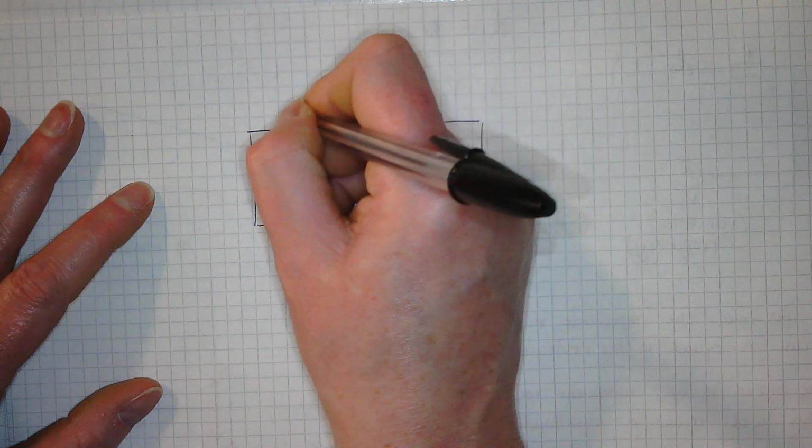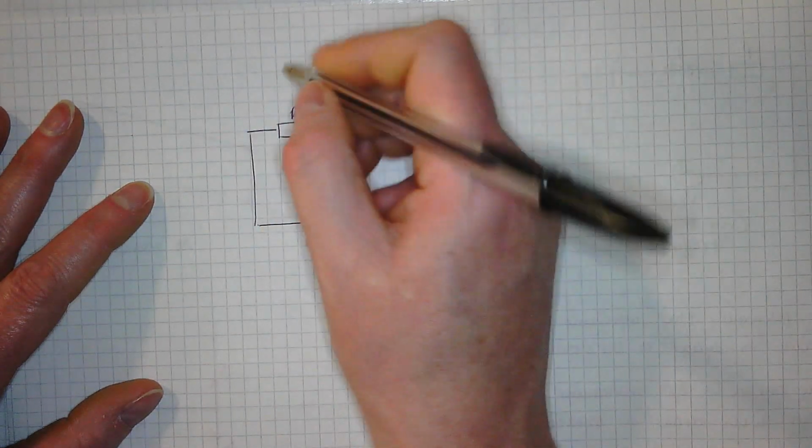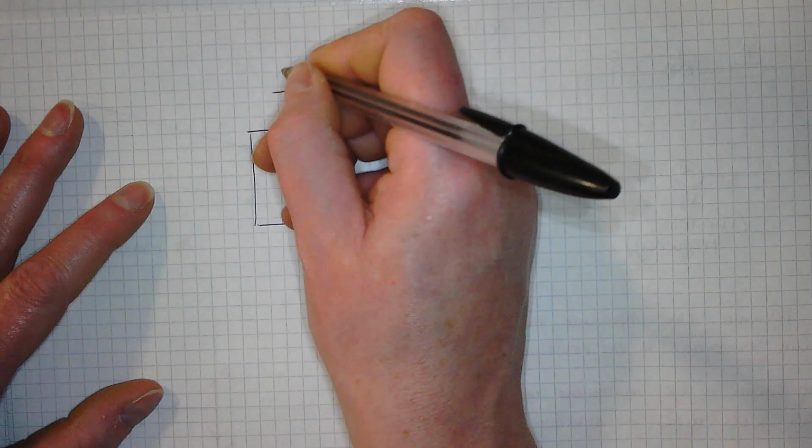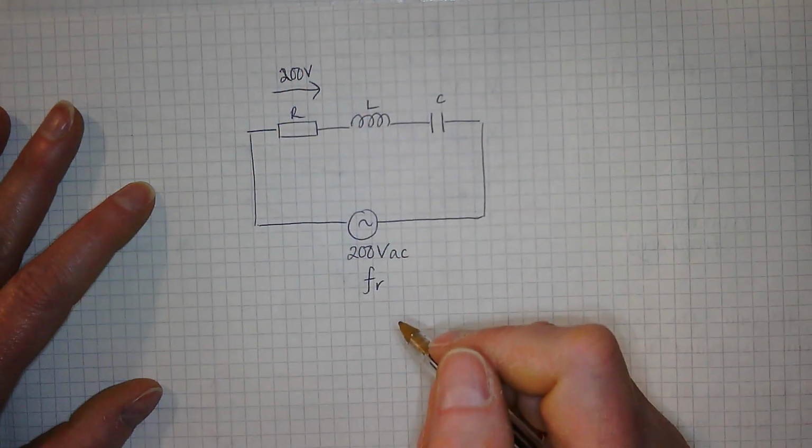And you could have, that's your R, your L, your C. The voltage across your resistor would be your 200 volts. It would be that voltage there.